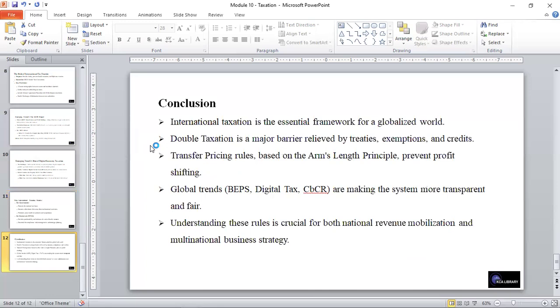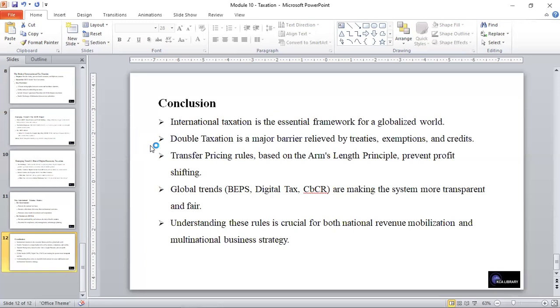In conclusion, international taxation is an essential framework for a globalized world, and double taxation is a major barrier relieved by treaty exemption and credit. We've also looked at transfer pricing rules, which are based on the arm's length principle, which prevents profit shifting.